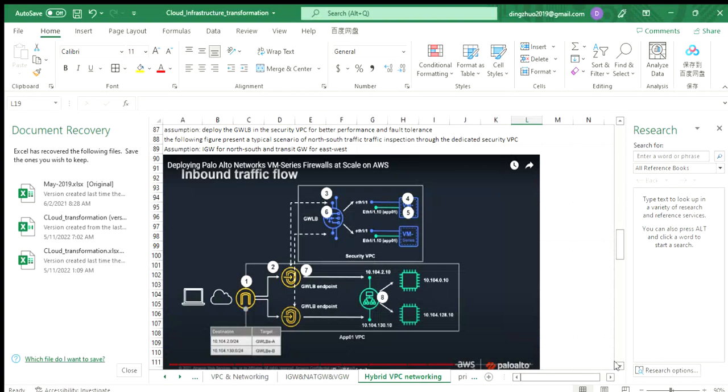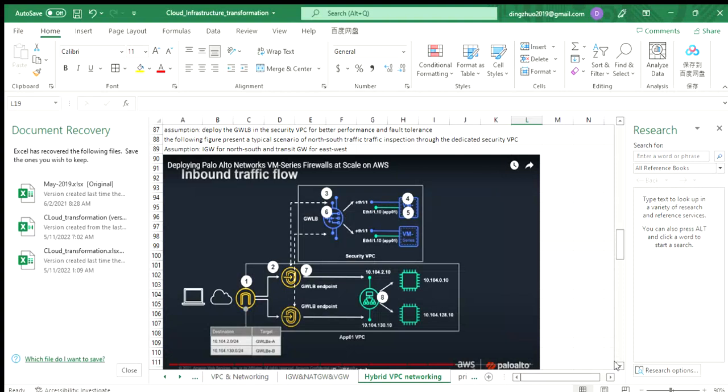One is the gateway endpoint, which is really the endpoint which gathers traffic from the different subnets, and then forwards the traffic to the real gateway load balancers. So in this scenario, the internet gateway routes the traffic to the gateway load balancer endpoint.